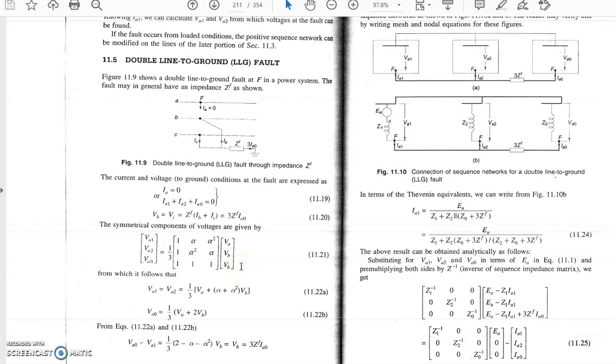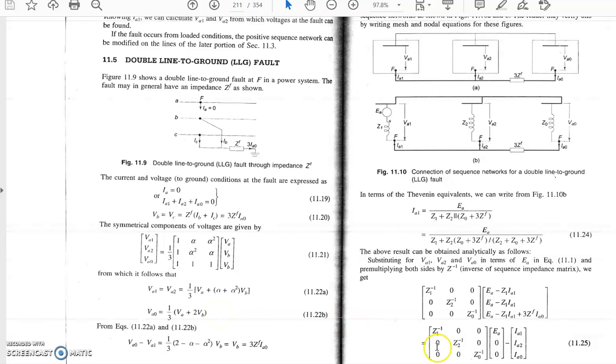Since VB is equal to VC, if we solve this matrix, VA1 equals VA2, which equals 1 by 3 of VA plus alpha square into VB. And VA0 becomes 1 by 3 of VA plus 2VB.